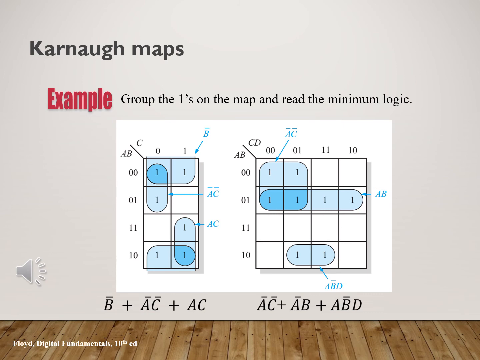Hence for the third group, since C changes, eliminate C so that you will have it as A B bar D, because for the second and third column D is having the value 1 and 1, so it is read as D, and A is constant 1, B is constantly 0, hence we read it as B bar, the complement value. So for the last row it is A B bar D. So A bar C bar plus A bar B plus A B bar D is the required simplified expression for the second pattern.